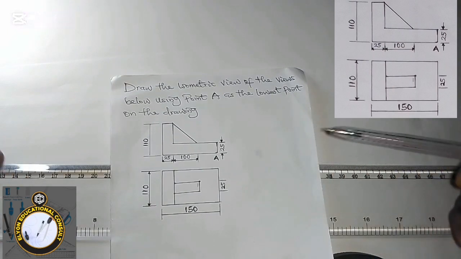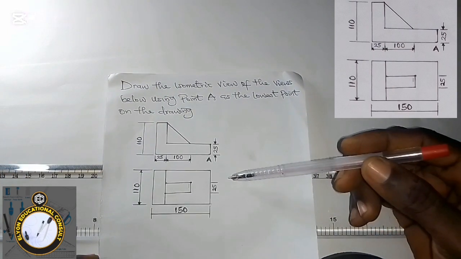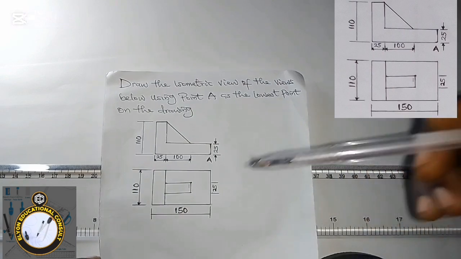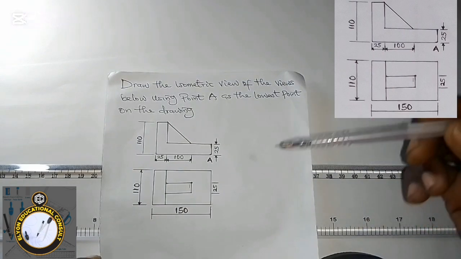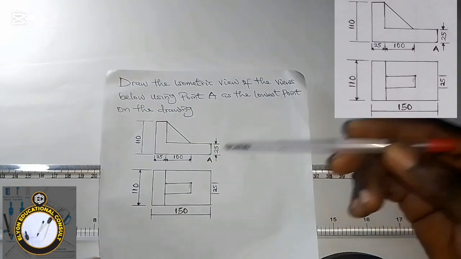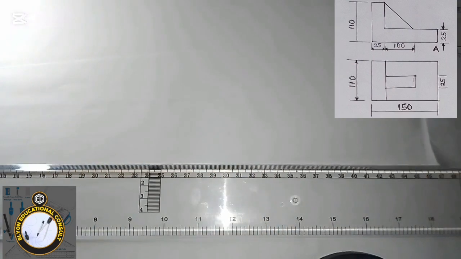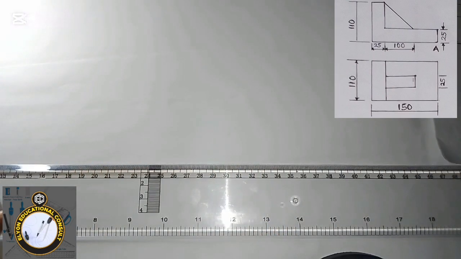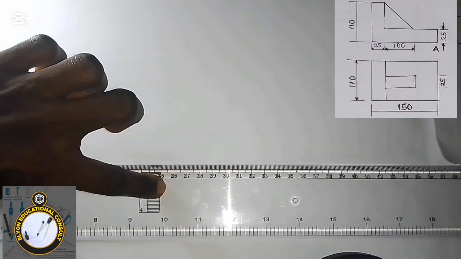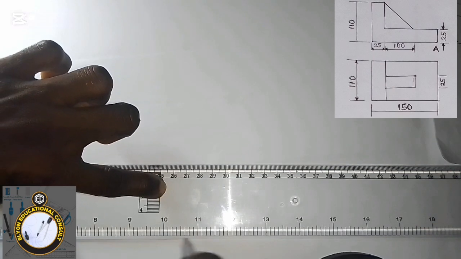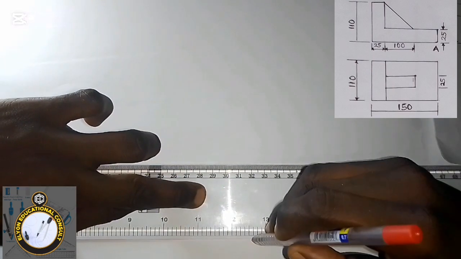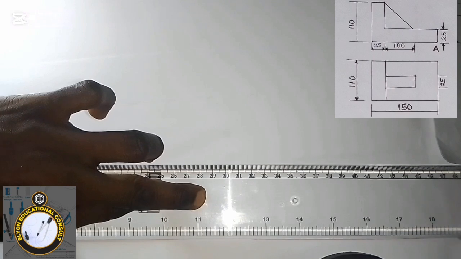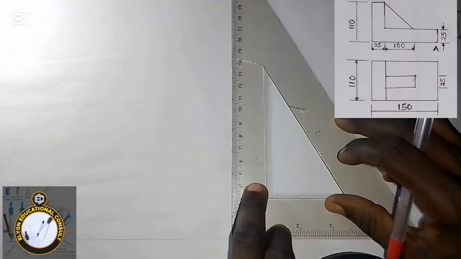So we are going to be drawing the isometric axis first, because we have to draw in isometric drawing. So the first thing I will be doing now is to draw the isometric axis. Let me draw that now. I'll draw my base this way, starting from here.